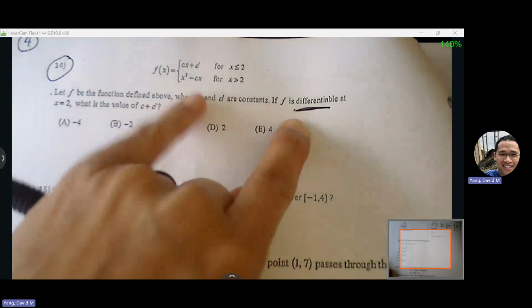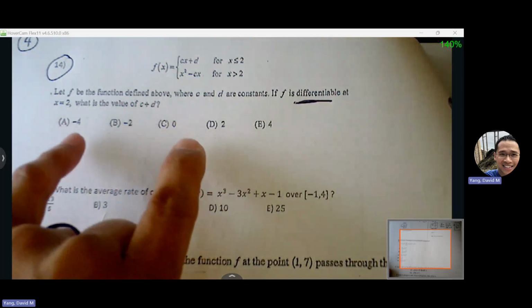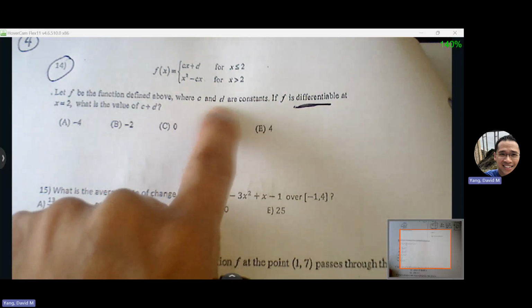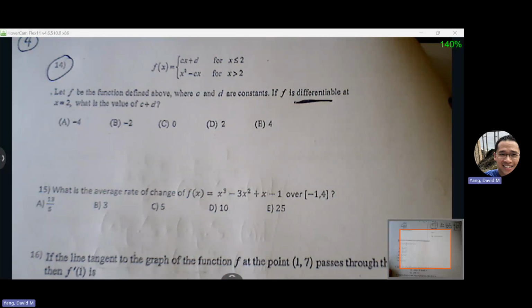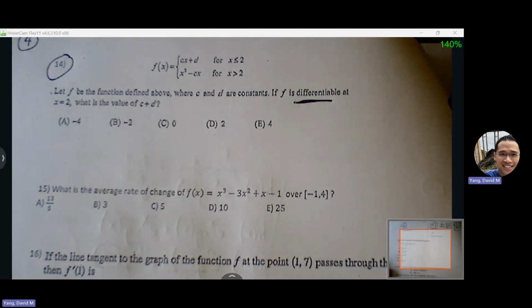So this type of problem is where we have to take advantage of 2 separate equations. We are missing 2 unknowns, so we need 2 separate equations. One equation is the continuity portion. If it's differentiable, it's got to be connected and it's got to share the same slope.